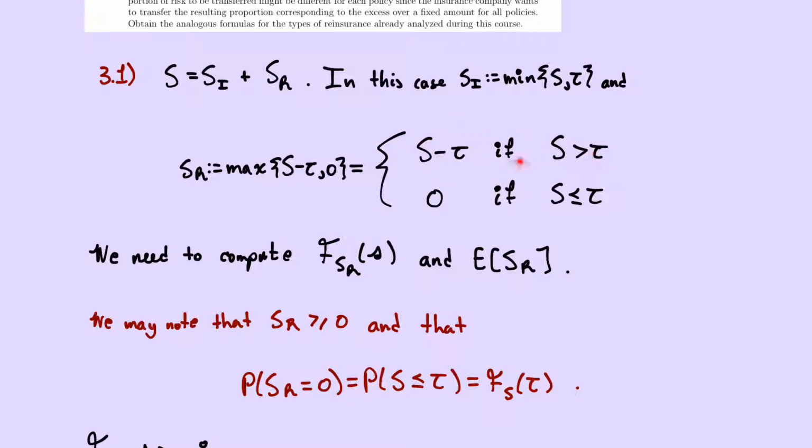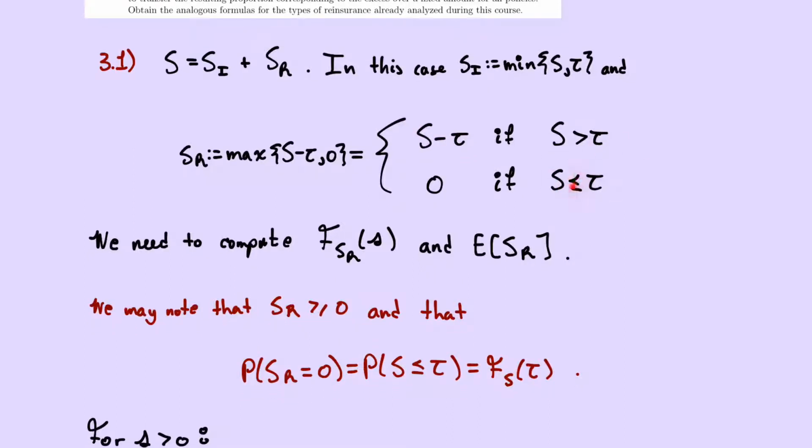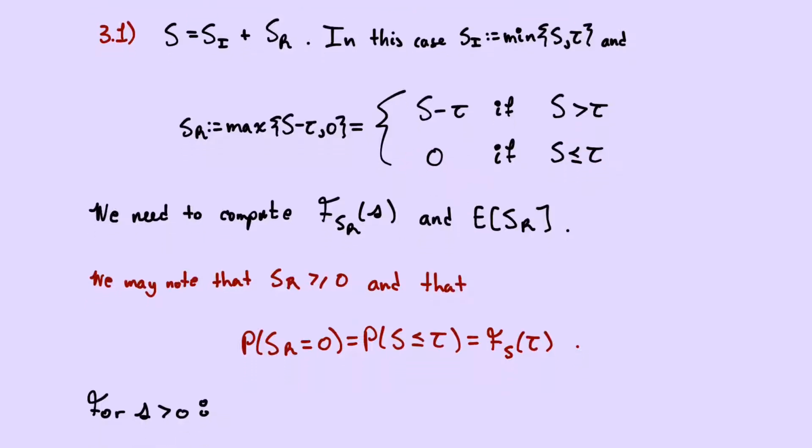Okay, because that was the reason that I said that it's more or less like a deductible, because the insurance company will have to pay the fixed value of tau, and the reinsurance company will have to pay the quantity that the random variable S is exceeding over tau. That is this quantity. And in the case that the random variable S is less or equal than tau, then the reinsurance company will not pay anything. Okay, that's because in that case the value of this random variable is equal to 0.